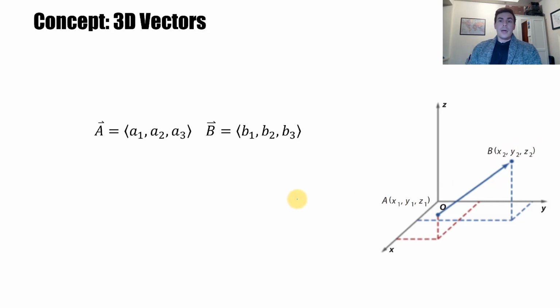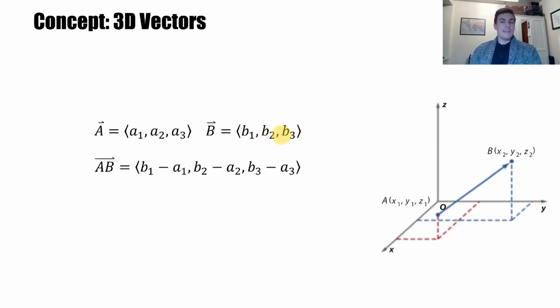In order to find this vector in component form, it's the exact same thing as when we had two dimensions, except now we're just going to take one more step in our z direction. So we'd have b1 minus a1, the differences in our x directions, the differences in our y's, so b2 minus a2, and b3 minus a3, the differences in our z components.